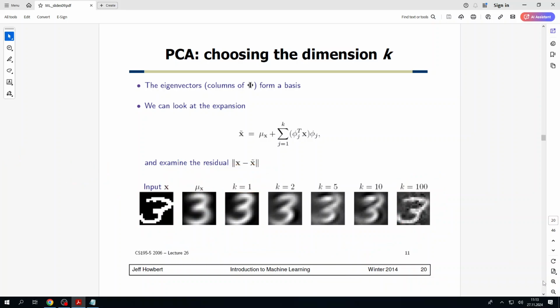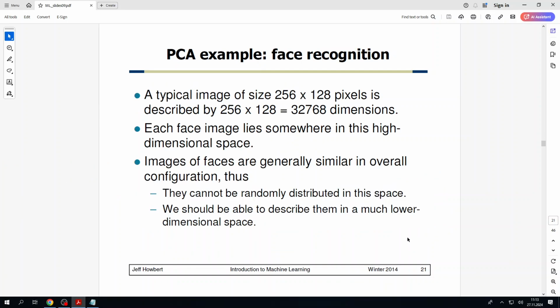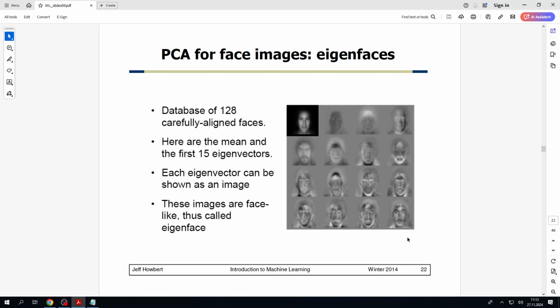Okay, with that in mind, there is also an example of images more complicated than handwritten digits, like for example faces of people. Here, the first one is a very blurred picture.